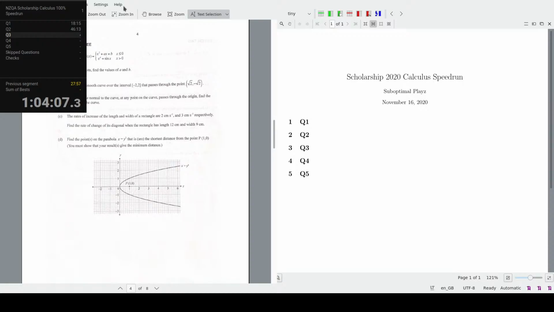Actually, you don't even need the CAS calculator, right? The normal graphing calculator can do it.